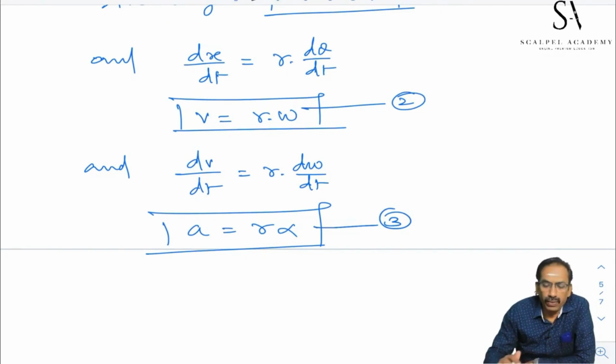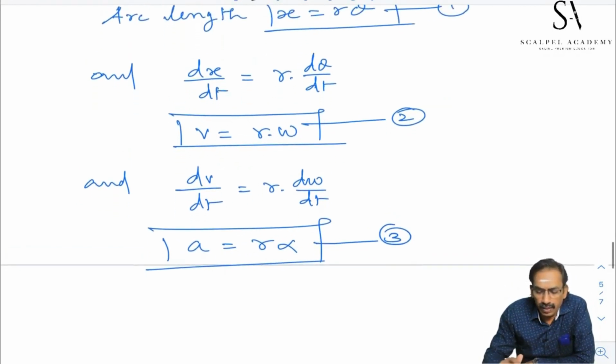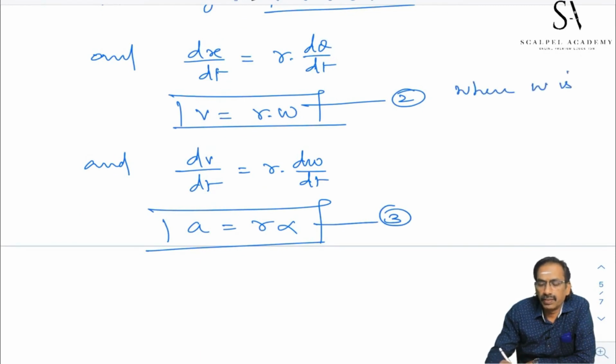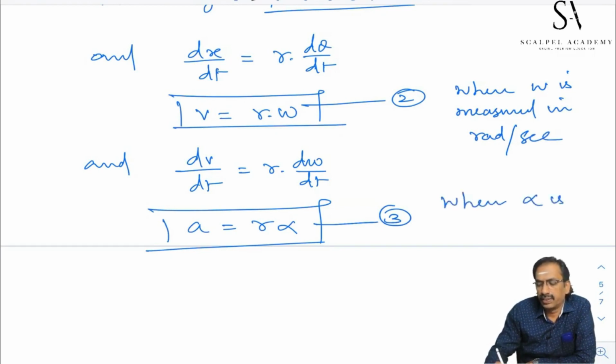Omega is called angular velocity. Alpha is called angular acceleration, where omega is measured in radian per second, and alpha is measured in radian per second square.